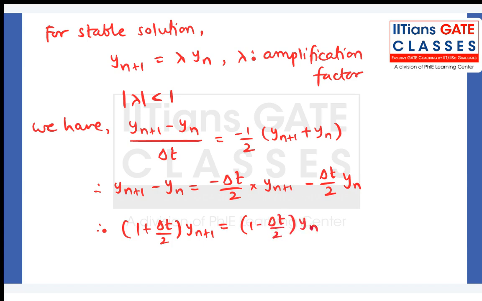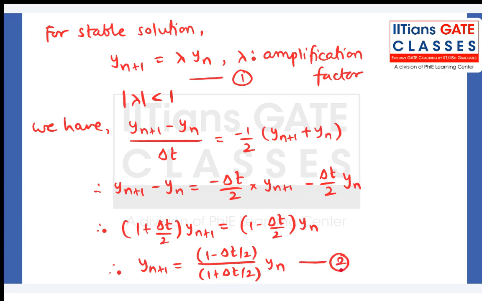Okay, so now we are getting somewhere. So here only you can modify. So you can write y_{n+1} as (1 minus delta t by 2) divided by (1 plus delta t by 2) into y_n. Okay. So now if you compare, let's say, equation 1 and equation 2, you can see this amplification factor lambda in the form of delta t for our question.